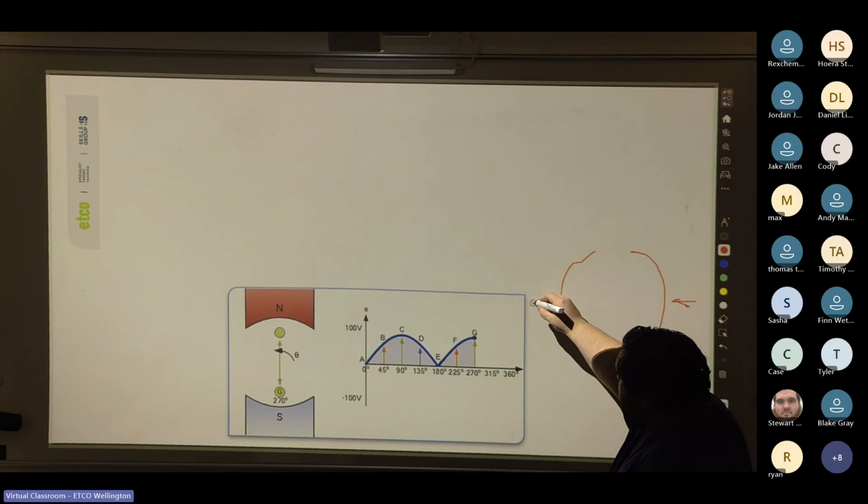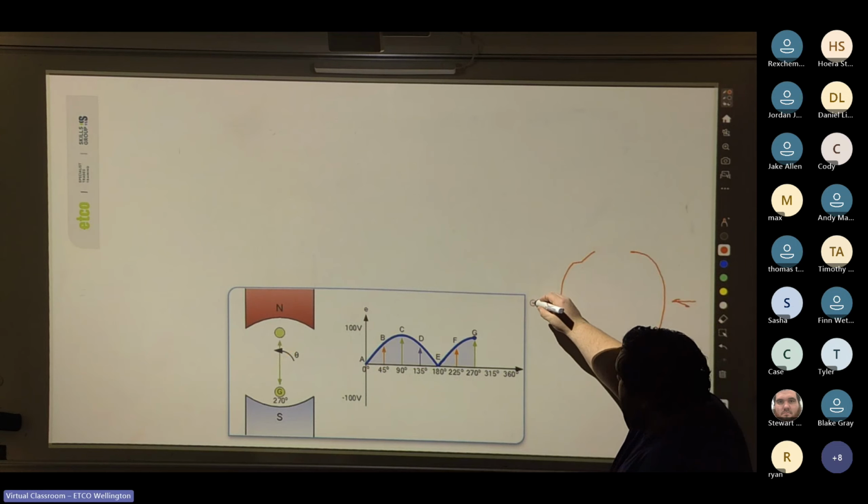As this spins, say the coil gets to about here, the commutator rings will be like this, but the connection will be here. As it then rotates again, it'll change. So this segment will become the positive, and this segment will come to the negative.